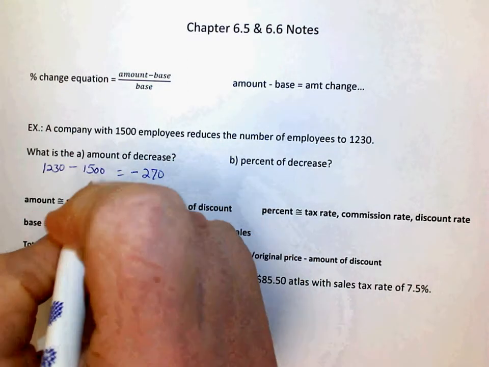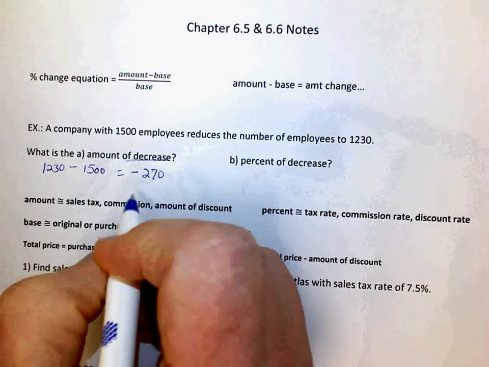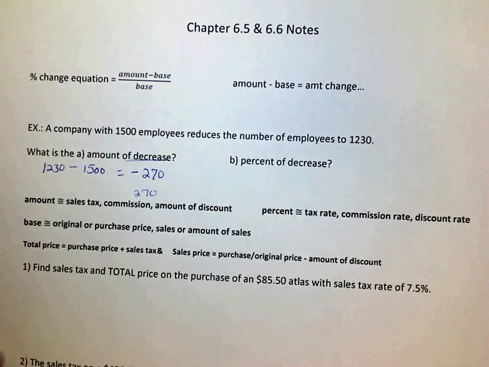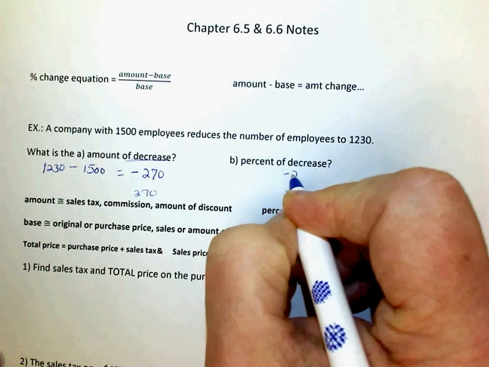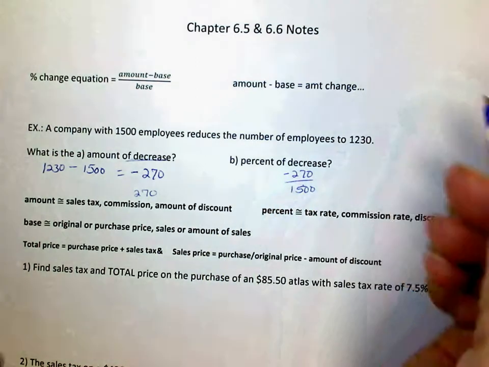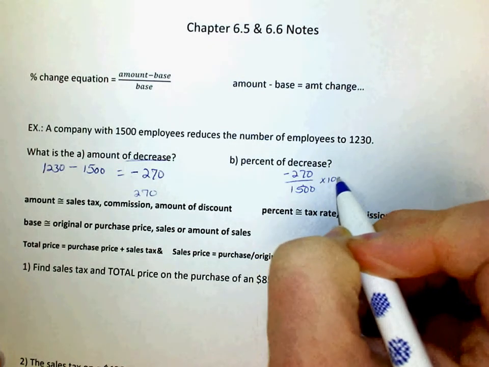If they just ask for the amount of decrease, if they put that word in there, then they just want the 270. Now your percent of decrease would be negative 270 divided by 1,500, and of course to change it from a decimal to a percent you would times it by 100%.